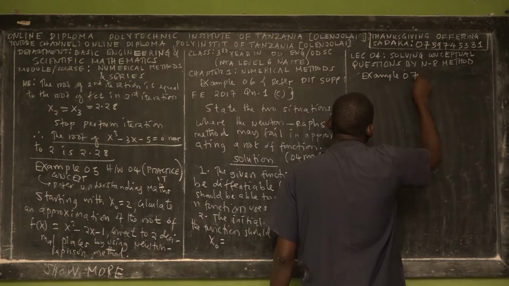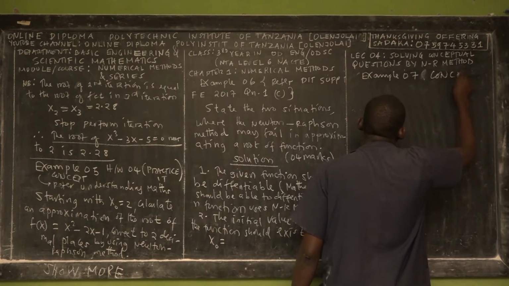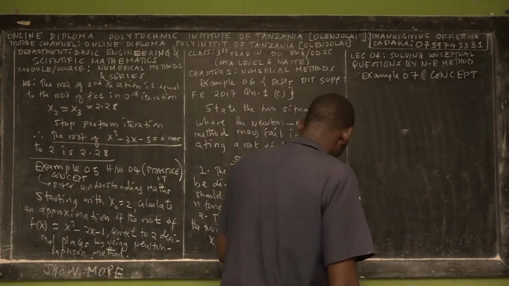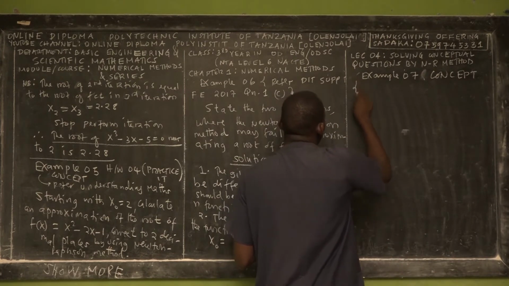So this is example 7. You have to write it as a conceptual question, because the question is deviating from the second condition.